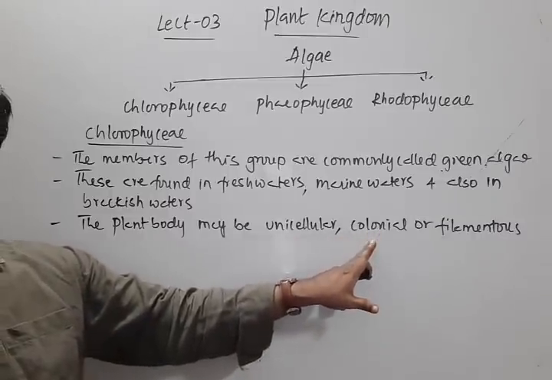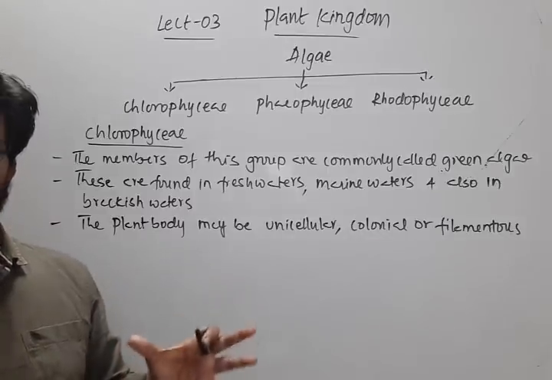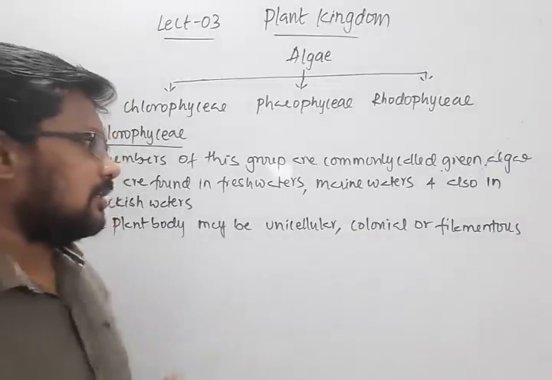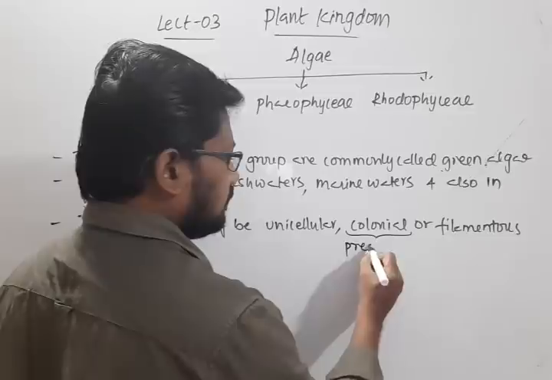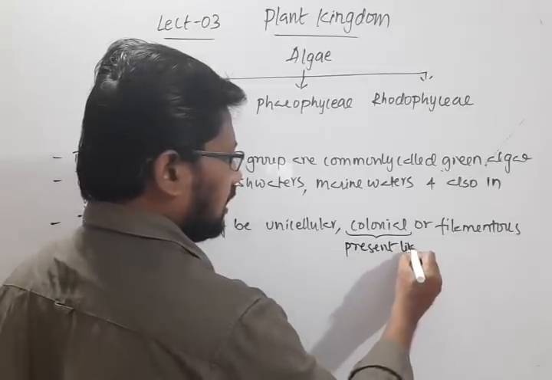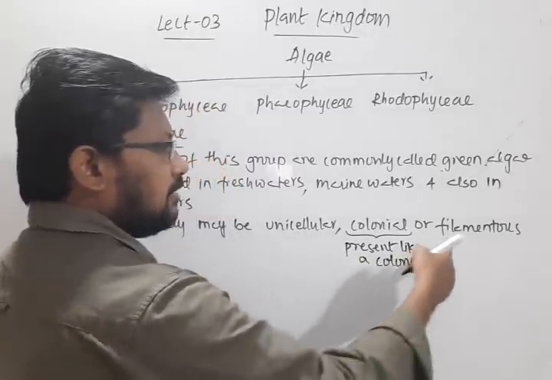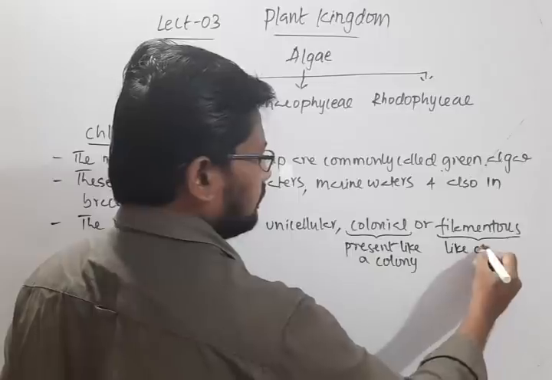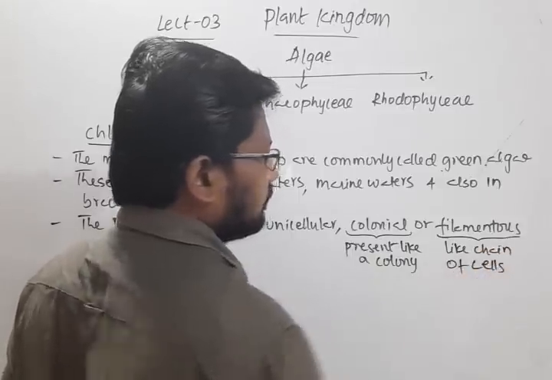Colonial means many cells present like a colony; last time I gave the example of Volvox. Filamentous means like a chain of cells.